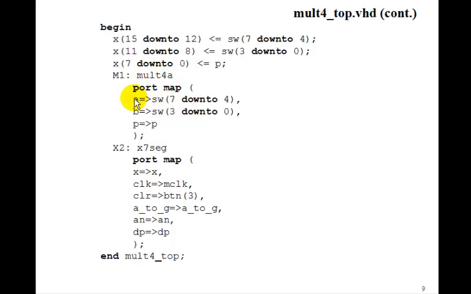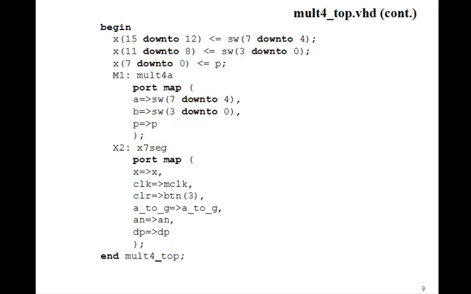For the multiplier, we'll set A to the leftmost 4 switches, B to the rightmost 4 switches, P goes to the signal P, and X7 seg just gets wired up X to X, clock to M clock coming in, clear will be button 3, and the A to G's and AN and DP. So that should all work fine.